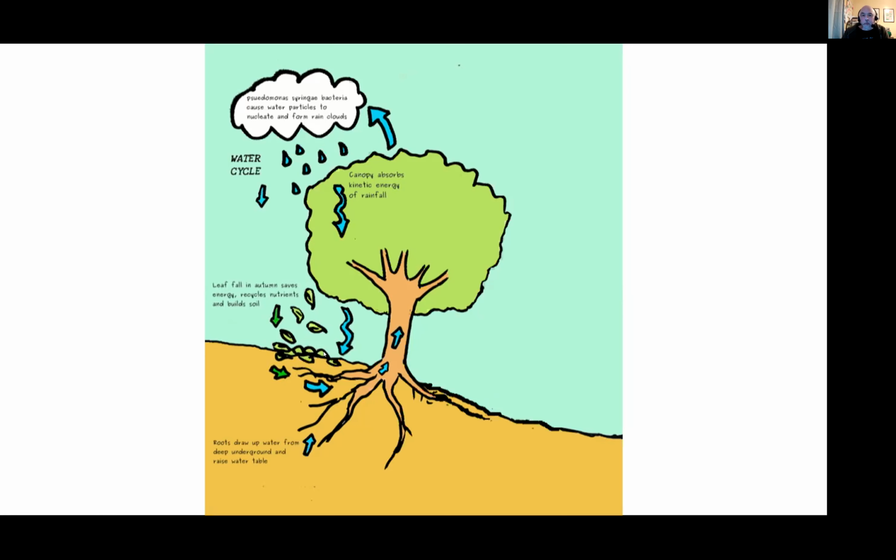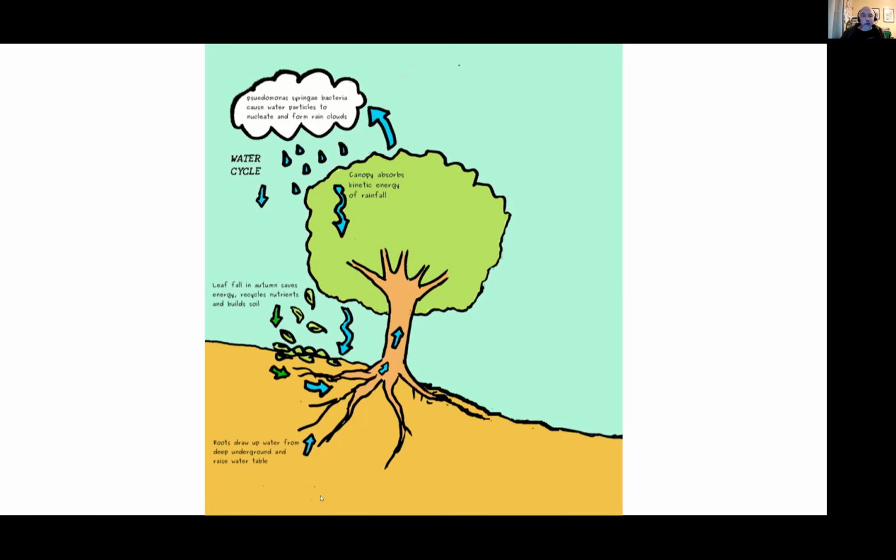Those leaves drop to the ground, they break down over time, adding nutrients, but also helping to absorb the rainfall, to protect and buffer against heavy rainfall.